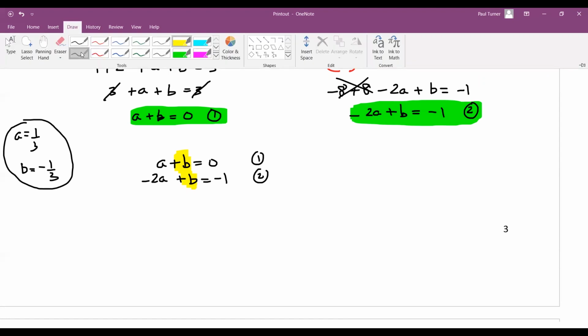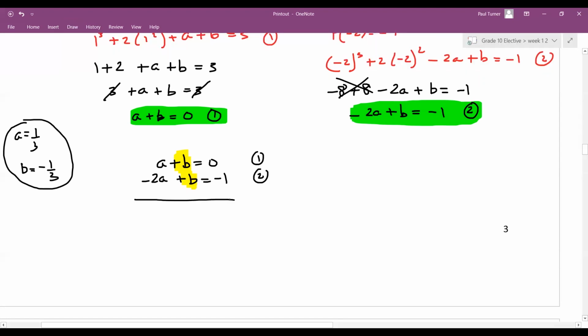Sometimes it's not that easy, and you have to change them around if you remember back to grade 9, but we're going to see this again anyway. So what I could do then is a minus negative 2a. That's going to give you 3a. b minus b is 0, which is good. 0 minus negative 1 is 0 plus 1.